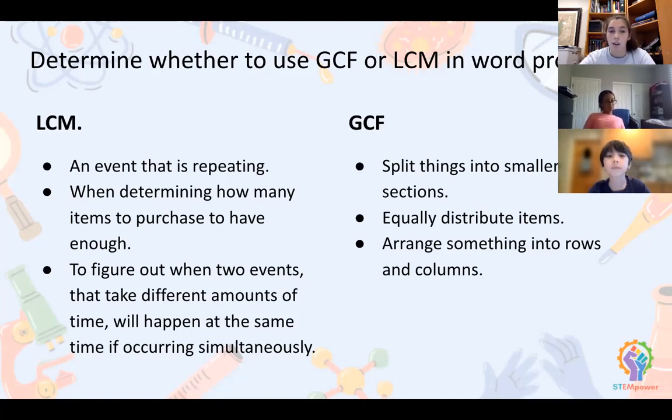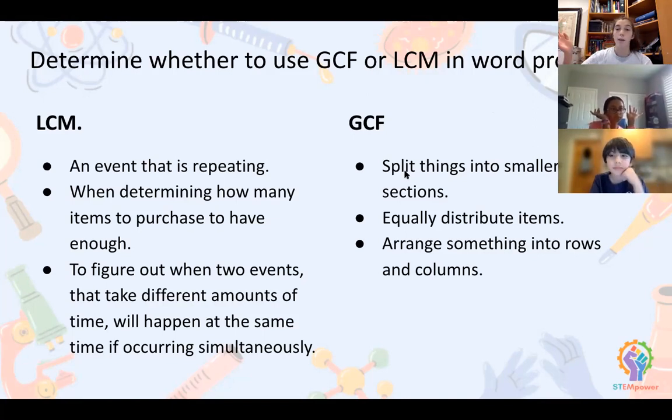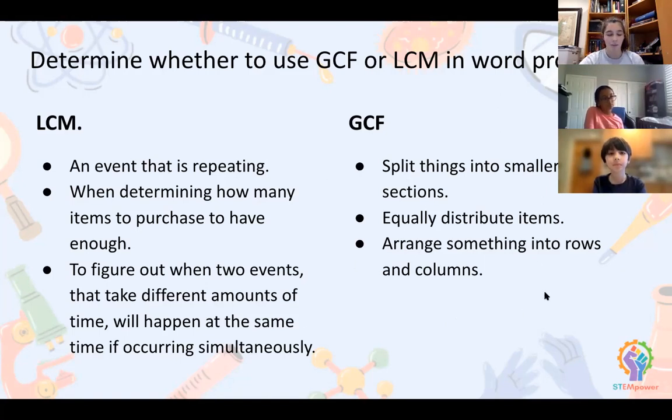The greatest common factor, you're figuring that out for word problems if you're splitting things into smaller sections, if you're trying to equally distribute items between a certain number of people or a certain number of places, and if you're trying to arrange something into rows and columns. So there's a lot, but we'll look at a few examples.